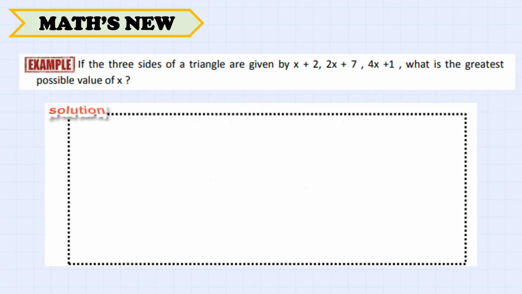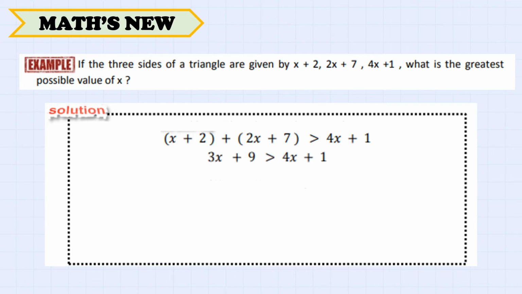Now, another example. If the three sides of a triangle are given by x plus 2 for the first side, 2x plus 7 for the second side, and 4x plus 1 for the third side, what is the greatest possible value of x? So, let's now solve. The quantity x plus 2 plus the quantity 2x plus 7 should be greater than 4x plus 1.